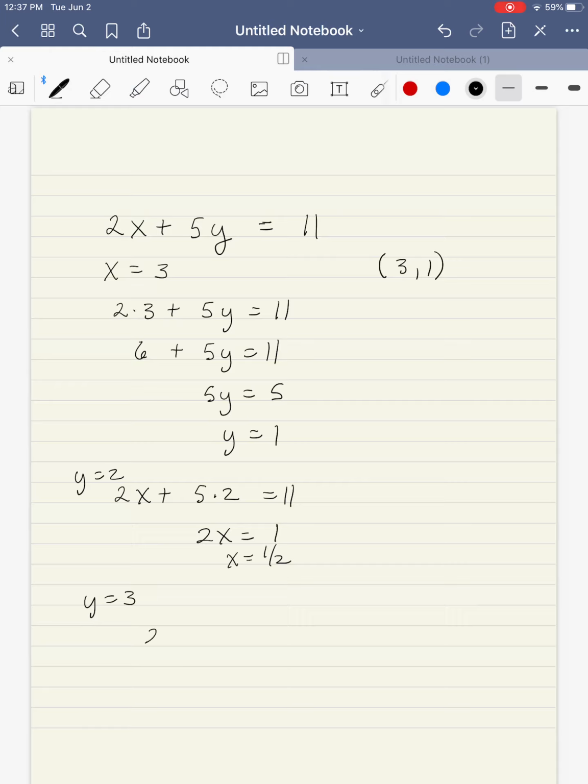So what if I say, all right, well, let's let y equal 3. So I have 2x plus 5 times 3 equals 11. So 2x, 5 times 3 is 15. So when I subtract, I get -4.